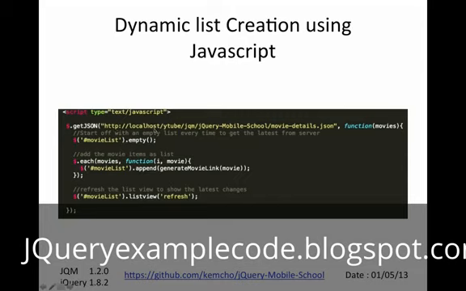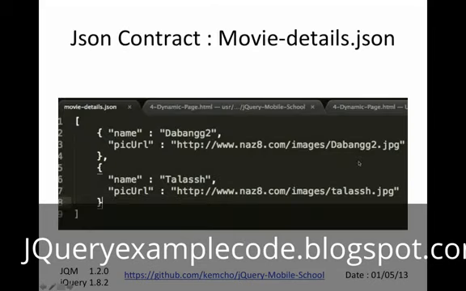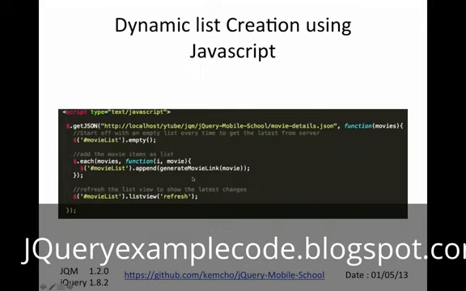We pass it the URL which has the dynamic JSON object, and then we iterate over each of these movie items, and then we create an anchor tag, or a link to these movies. You see we are using the movie list ID here. That's the ID that we gave in this screen. That's our empty list. We are trying to populate that empty list here by iterating over all of these objects.